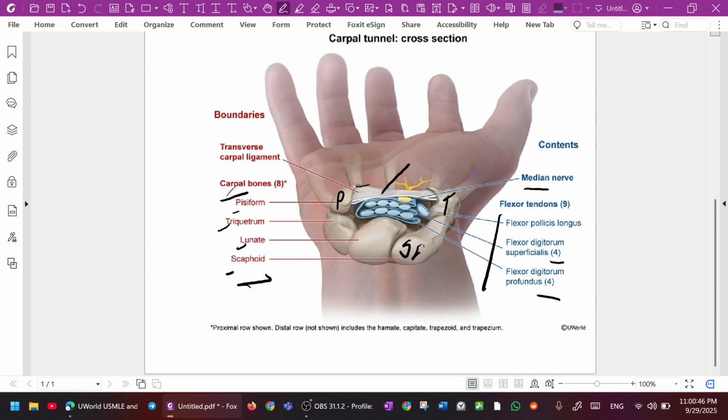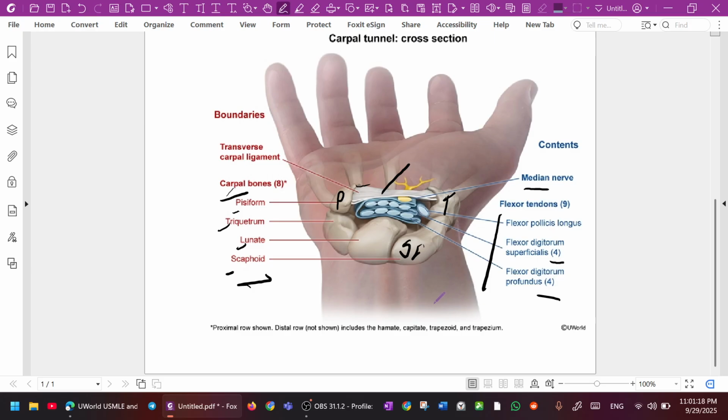The median nerve must pass through the tunnel to transmit sensory input from the first 3.5 digits as well as motor output to the muscles needed for thumb abduction, opposition, and flexion.